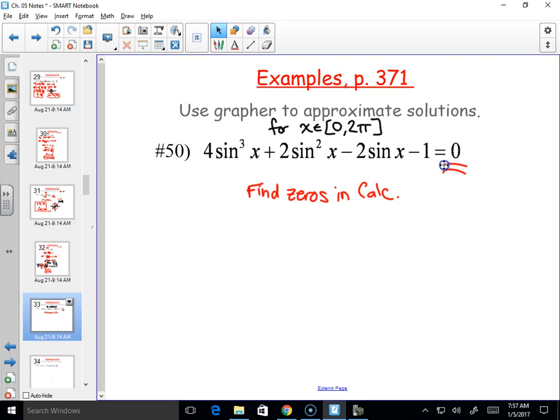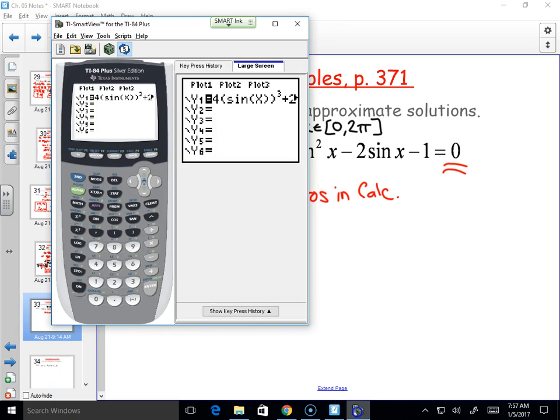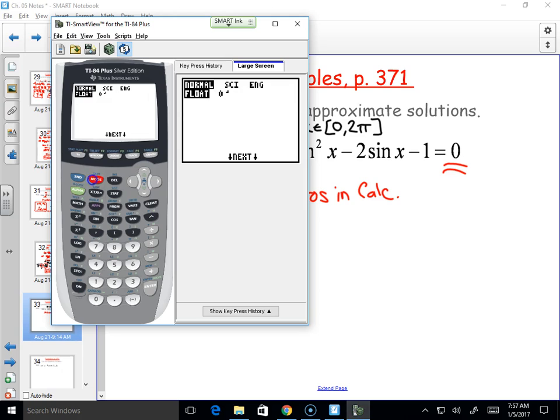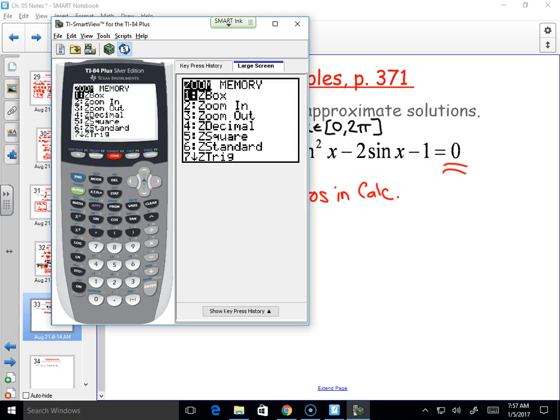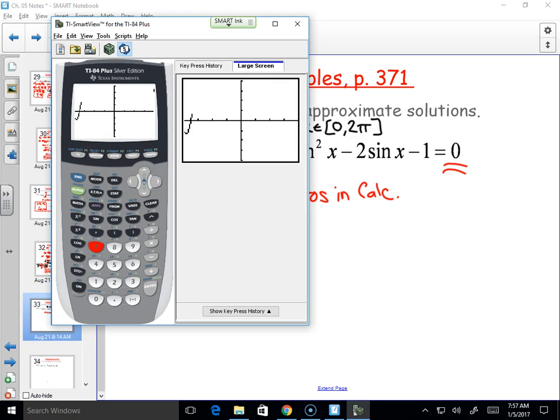So now if we go to our graphing calculator, I already have the equation put in. I'm in radian mode, because the answers are smaller. We could go ahead and do that zoom trig. Remember, it's number 7.